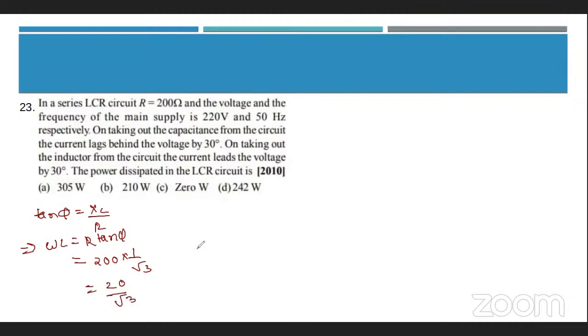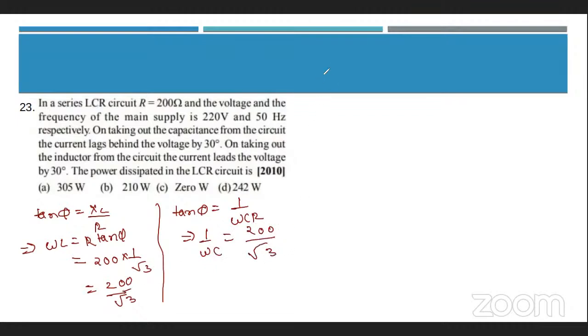When only the inductor is removed, that time we write tan phi is equal to 1 by omega CR, because it will be XC by R. XC is equal to 1 by omega C. So from here I'll get 1 by omega C as 200 by root 3.